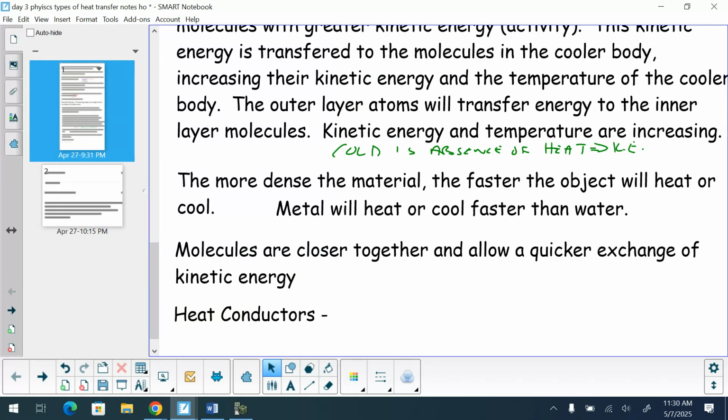So when you're more dense, you're more packed together, your kinetic energy can transfer faster. And if your kinetic energy can transfer faster, that means it's going to increase in temperature faster or lose temperature faster.